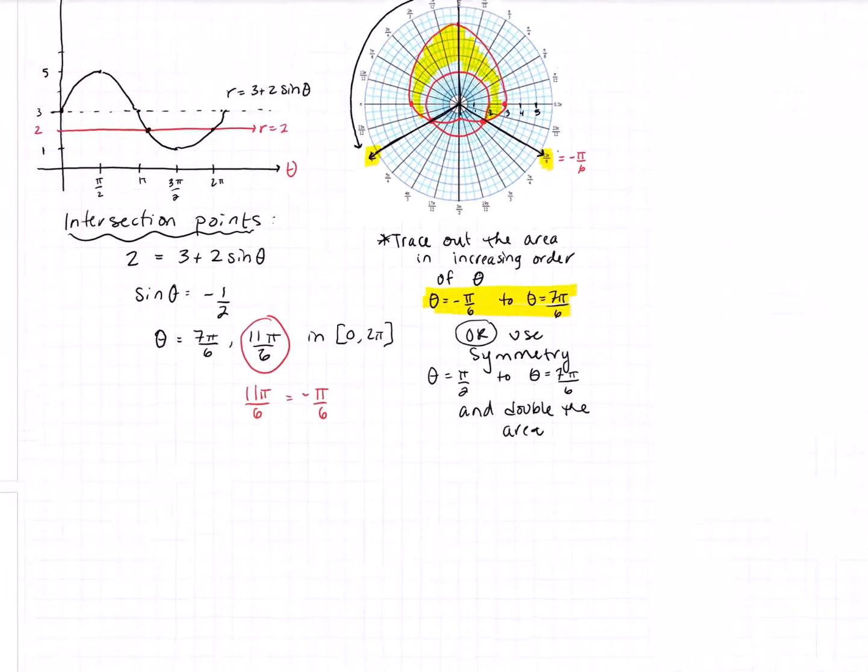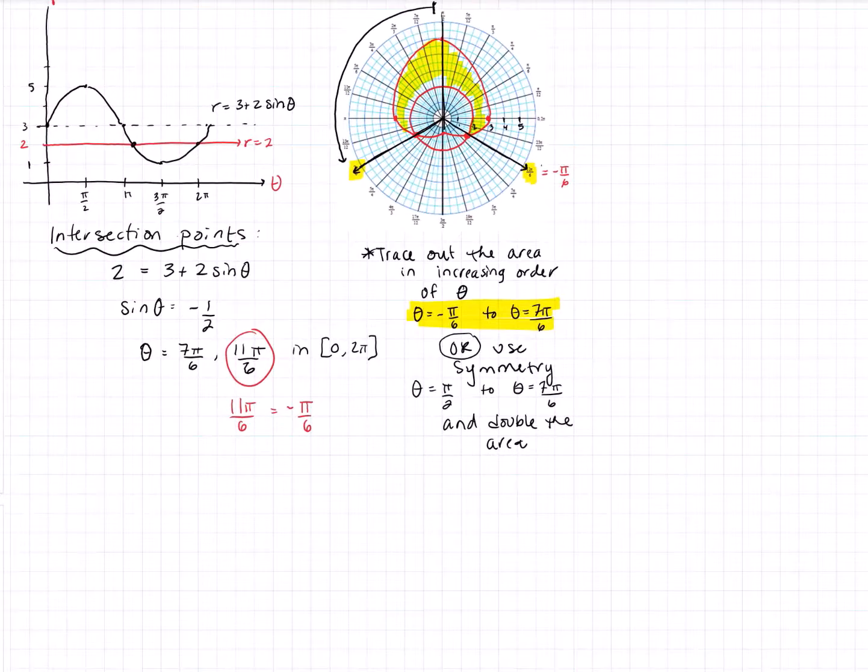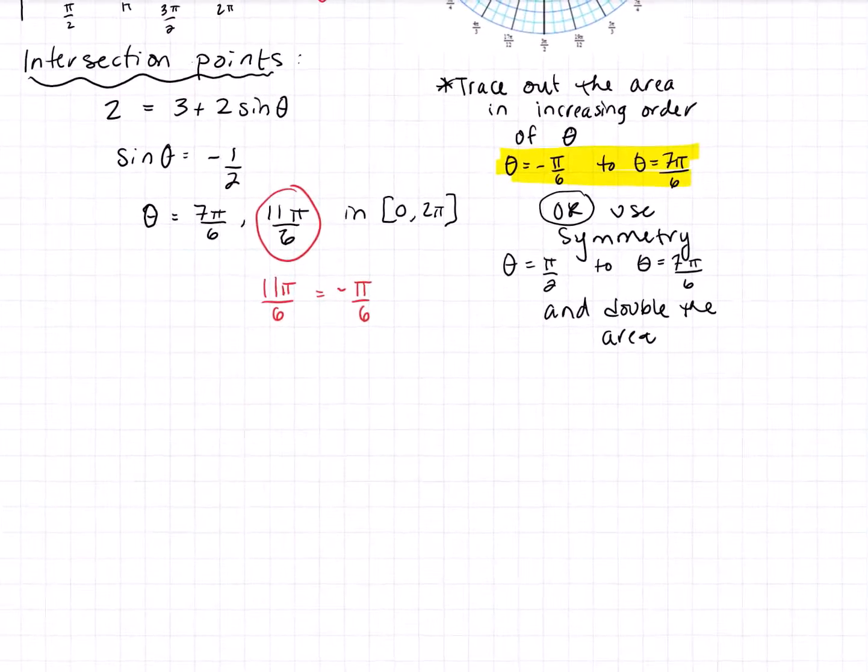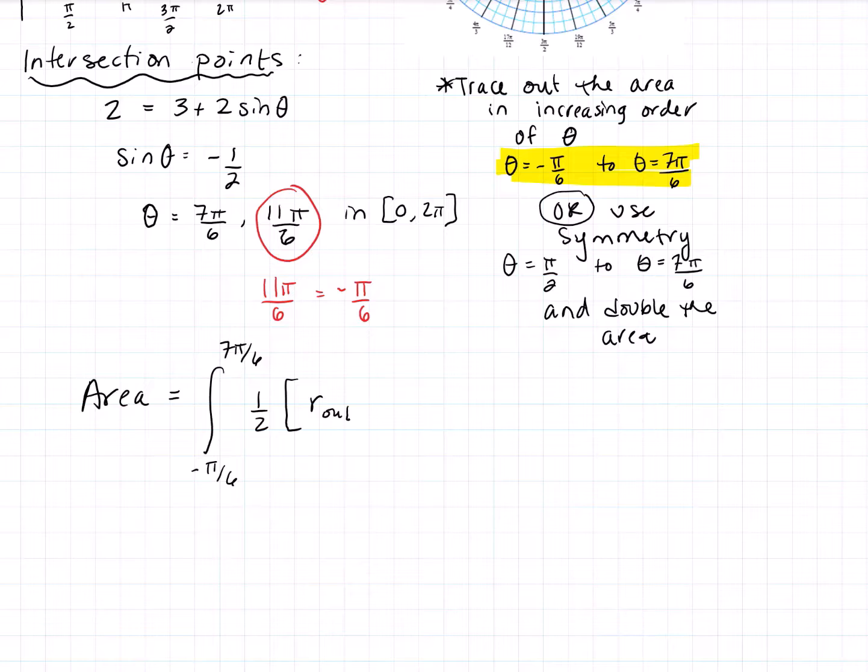Okay, so if we want the area between the curves, this is going to be equal to the integral from negative pi over 6 to 7 pi over 6 of 1/2, and we're going to take the outer function squared minus the inner function squared with respect to theta.